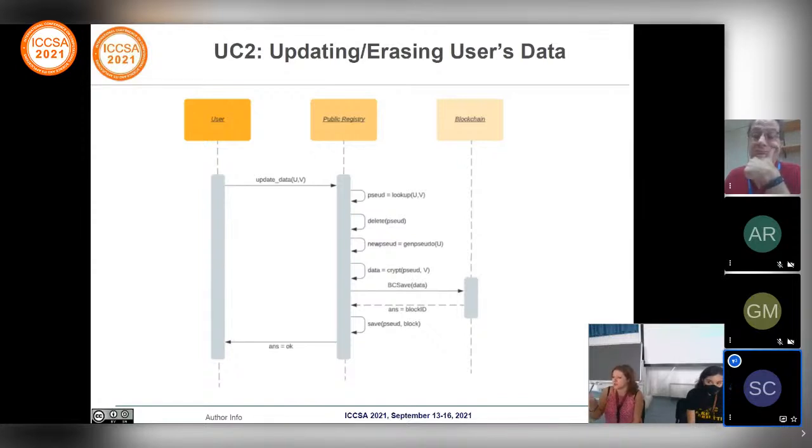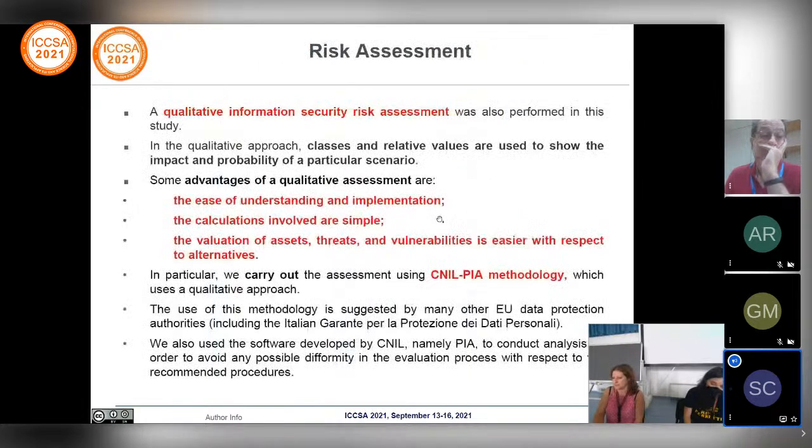When a user asks for deleting her data, she can ask to delete the decryption key, and in this case the data is no longer accessible.